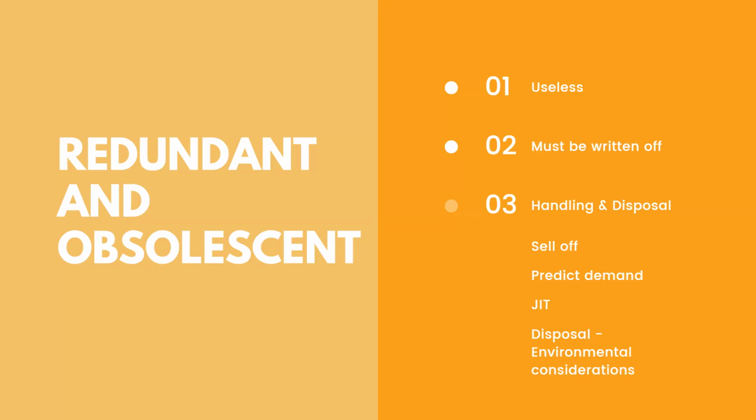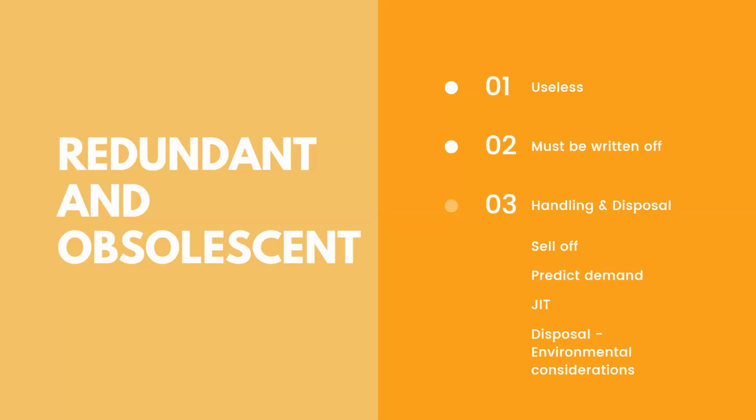So as procurement, our job here is to minimize redundant and obsolescent stock. There are some ways to do that, like selling them off when they still have some kind of use, even though at the time their value may be reduced.